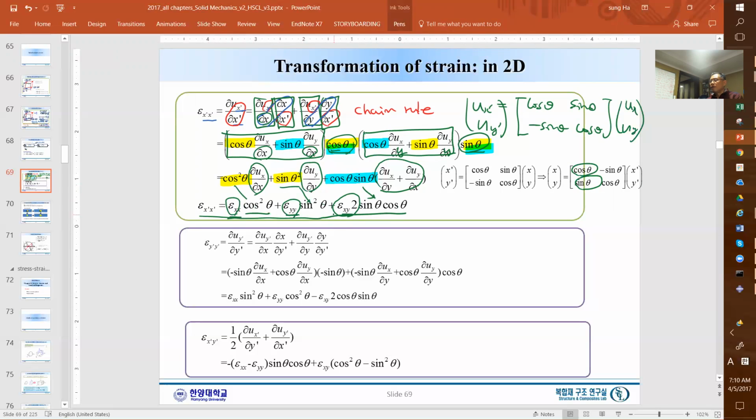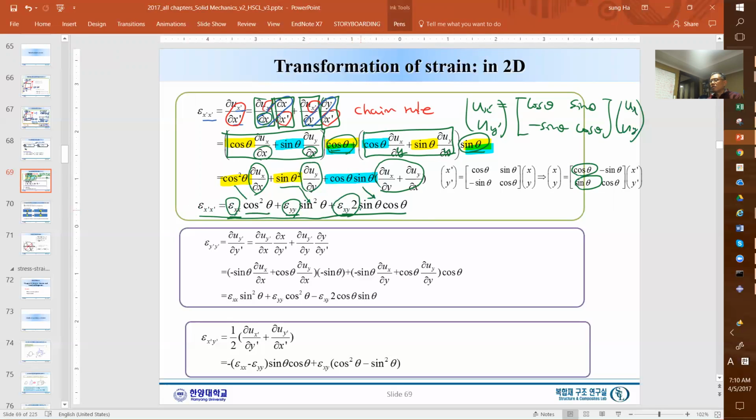component. And you can notice that this form is exactly the same as the stress transformation. You can easily recall that sigma x prime equals sigma xx cosine square, sigma yy sine square, and 2 times sigma xy, and so on.